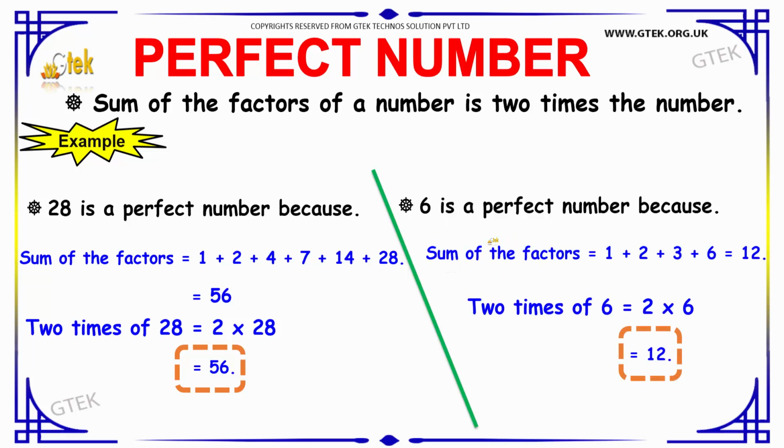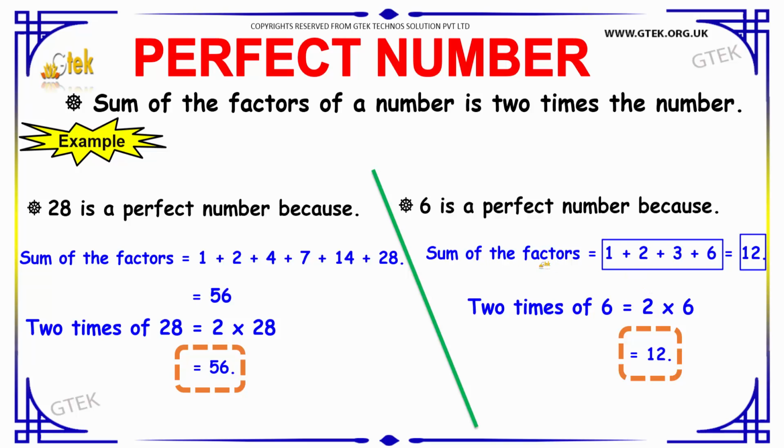Next, we have the next example to find whether 6 is a perfect number or not. We have the sum of the factors as 1, 2, 3 and 6. On summing the factors, you get the value to be 12.